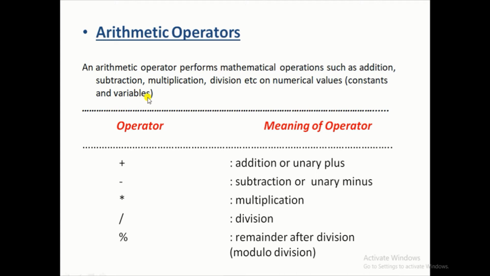We perform these mathematical operations on constants and variables, and these are the main four types of operation: addition, subtraction, multiplication and division. You know the signs of these operators: plus, minus, into and division.